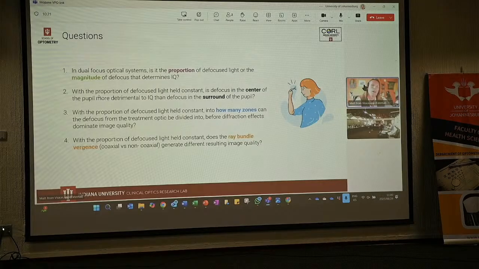And finally, in certain lenses, we can have rays that focus at different distances toward the optical axis, but also sometimes where the ray bundles are designed to intersect away from the optical axis. So, is it better? How does it work?